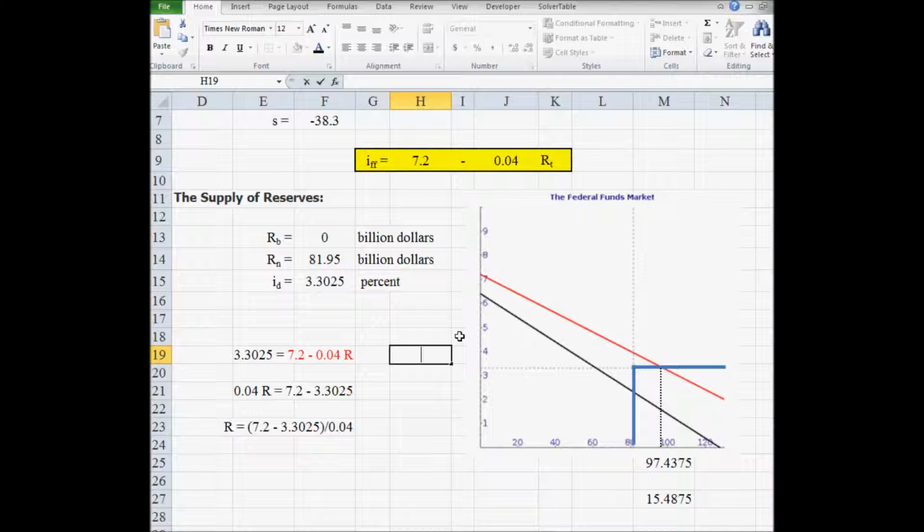To calculate that value, we just plug in the original level of non-borrowed reserves, 81.95, into the new demand curve. So the new intercept minus the new slope times the original quantity of reserves, and we get 3.922.